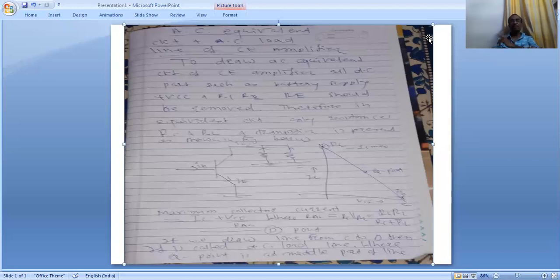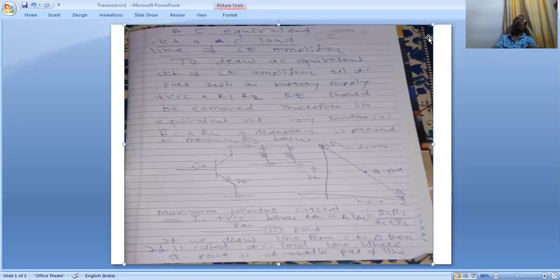In the case of the DC equivalent, all AC components are removed. Only DC plus VCC is present, and R1, R2, RL, RE are present.